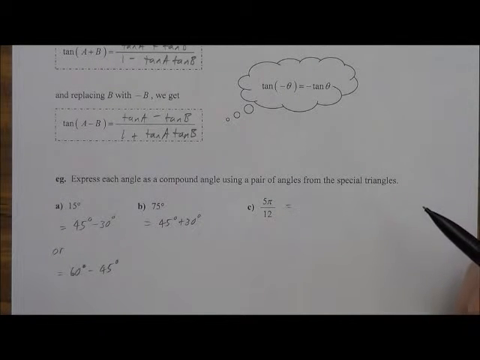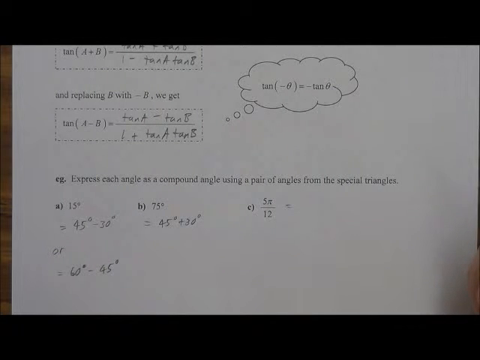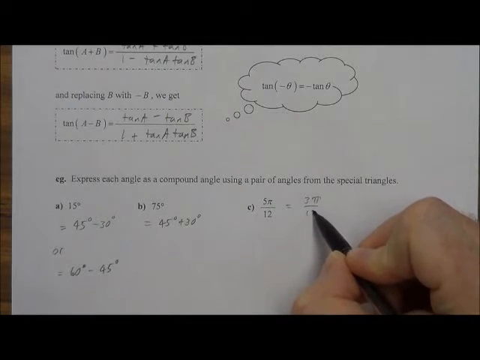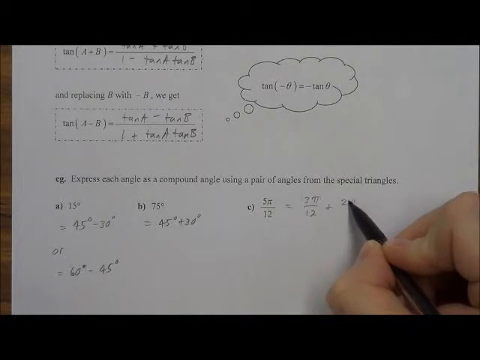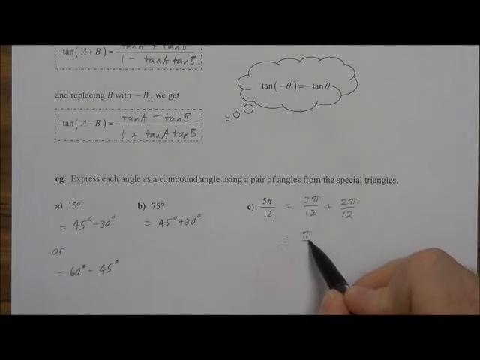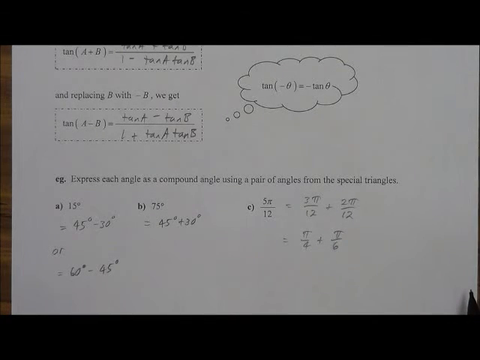We want to use 2 special angles to make up 5 pi by 12. So we've got pi by 4, pi by 6, pi by 3, and pi by 2 that we could use. If we add these together, we get 3 pi by 12 plus 2 pi by 12. Obviously that makes up 5 pi by 12. And then we can reduce these down to get pi by 4 plus pi by 6. Those are the special angles we can use.